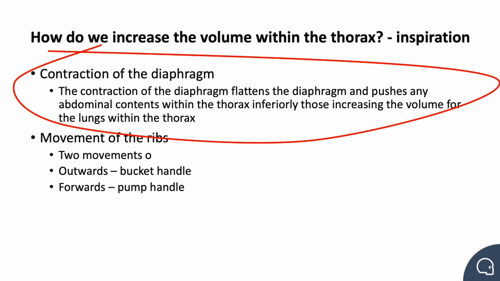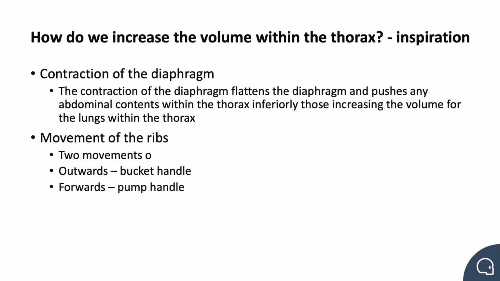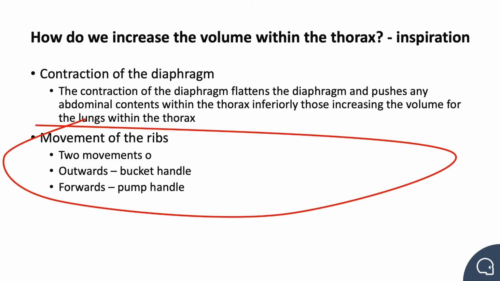This reduces the pressure and air flows into the lungs. The second movement is that of the ribs, and this has two movements. There's an outward movement we describe as the bucket handle, and a forwards movement we describe as the pump handle.